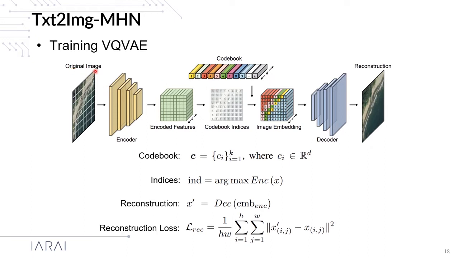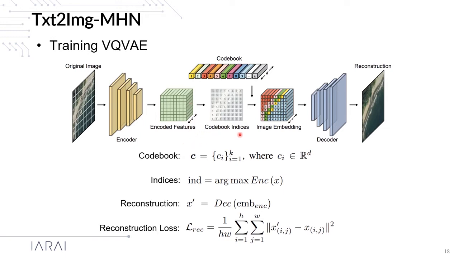And given the input image, we first use the encoder network to tokenize it and get the encoded features. And these encoded features can be further transformed into the indices, where each index can be regarded as a prediction of the nearest code word for each pixel in the feature map.